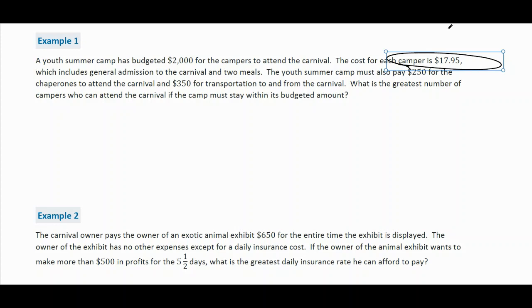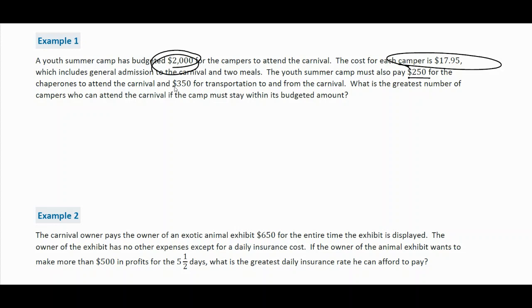The youth summer camp must also pay $250 for the chaperones to attend the carnival and $350 for transportation to and from the carnival. What is the greatest number of campers who can attend the carnival if the camp must stay within its budget? So it means we cannot exceed this $2,000 budget.